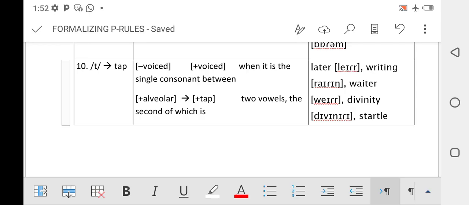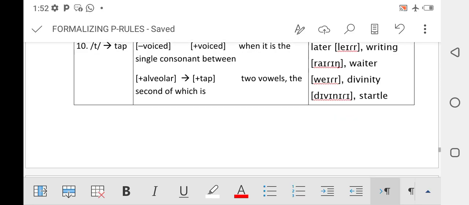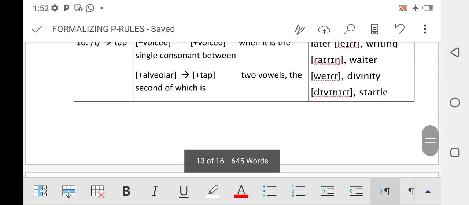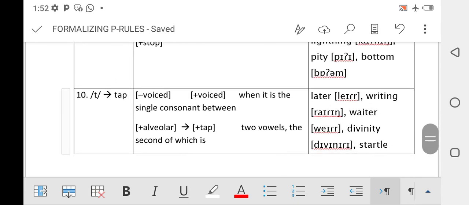Divinity, okay, in divinity, v is stressed, the vowel following v is unstressed. Okay, so now when it happens like that, I have later, I have water, and wa is stressed, lay is stressed, and t is unstressed.